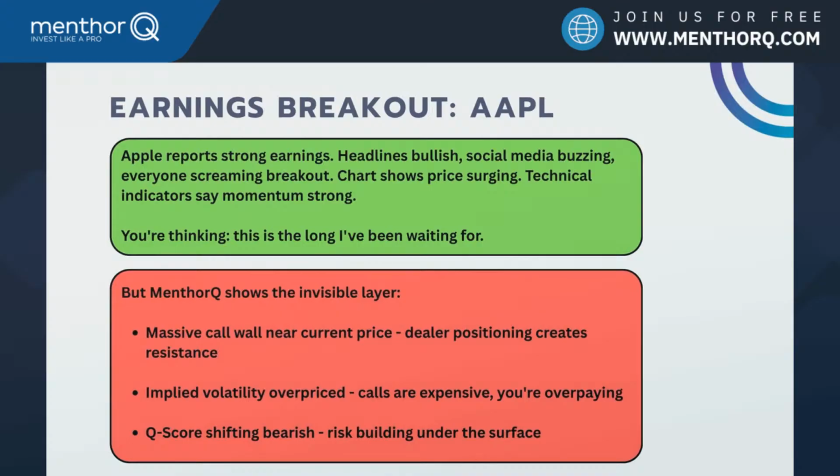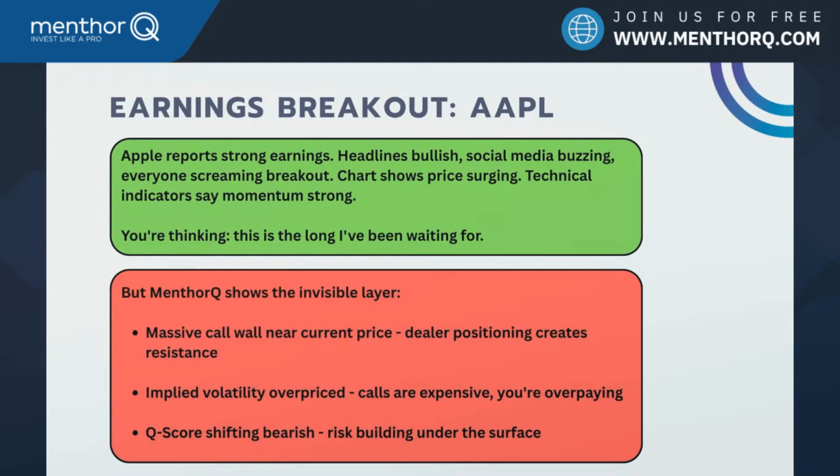But there's actually an invisible layer that you don't see on the chart, right? For example, MenthorQ shows you a massive call resistance, or call wall, near the current price. That's not just a line that you see on the chart. That's actually dealer positioning that creates resistance. Implied volatility is overpriced, so calls are really expensive. If you are chasing and buying calls, you're overpaying.